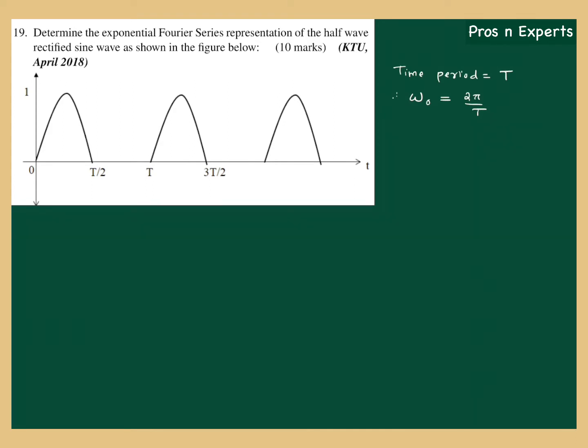Then you can see the question asked is to determine the exponential Fourier series. So what is the expression for the exponential Fourier series? X of k is 1 by time period, integral over 1 complete time period, which is 0 to T. But you can see up to 0 to T, the full length signal is not there.